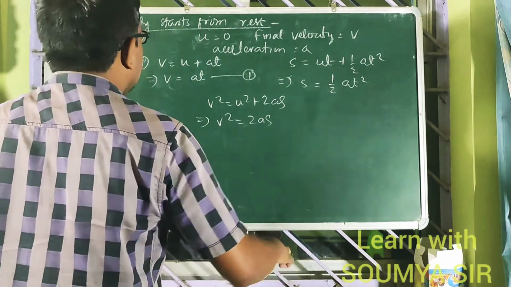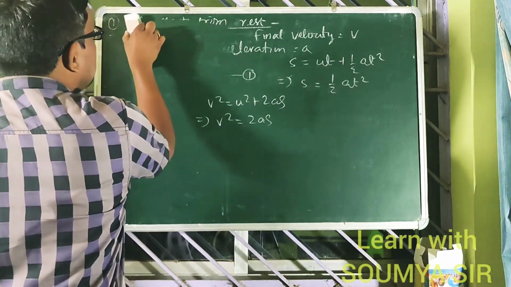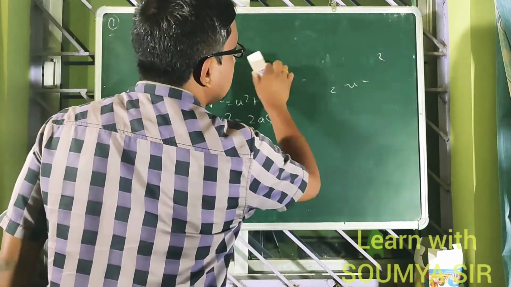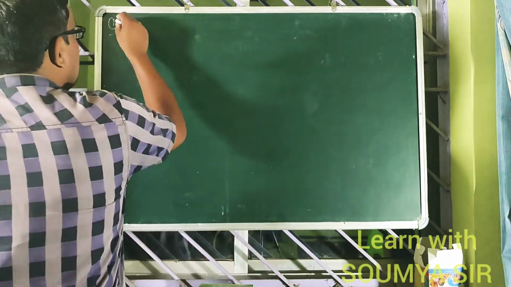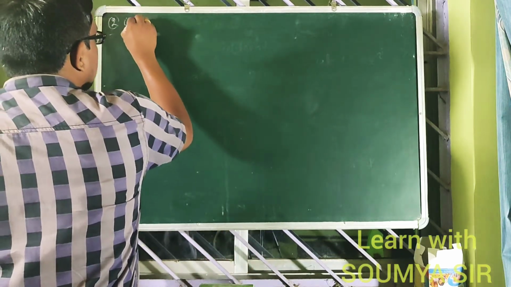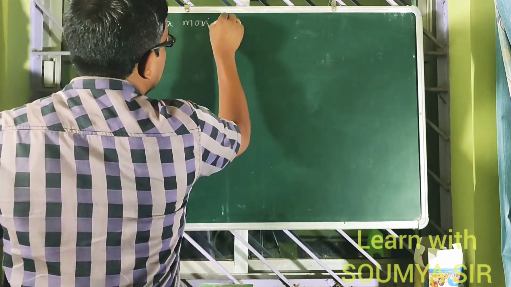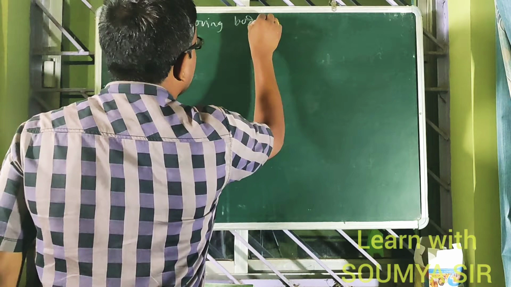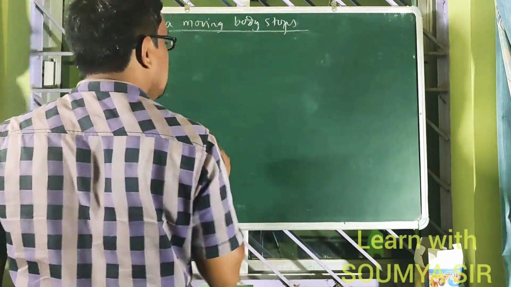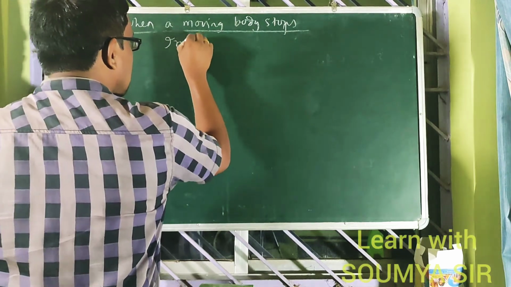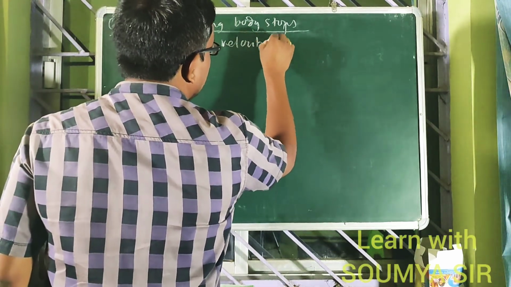The second case is when a moving body stops. Condition 2, when a moving body stops. Moving body stops means the initial velocity will be u.